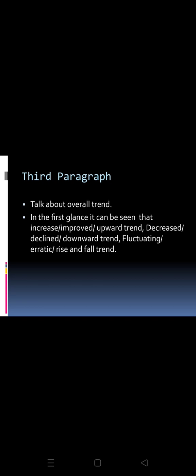And if the trend is downward, you can use decrease, decline, downward trend, and if there is fluctuation, sometimes fluctuation means sometimes it goes up, and then there is decrease, and then again increase, and then again decrease, then again increase. This means the trend is fluctuating. It is not stable. It doesn't show one kind of trend, it is erratic. So you can use the word fluctuating, erratic, rise and fall, trend.